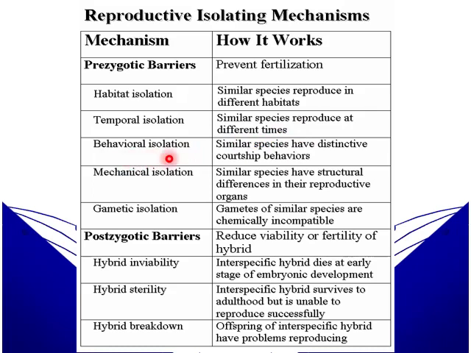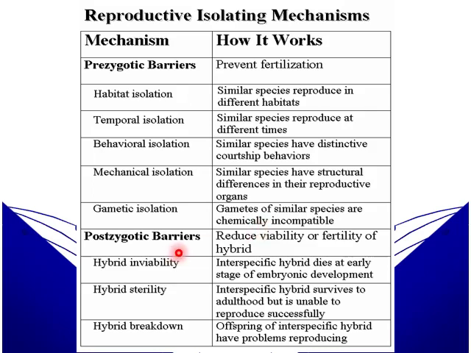It works through distinctive courtship behaviors: similar species have different courtship behaviors. And the next one is mechanical isolation. Similar species have structural differences in their reproductive organs. And the last one is gametic isolation. Gametes of similar species are chemically incompatible.